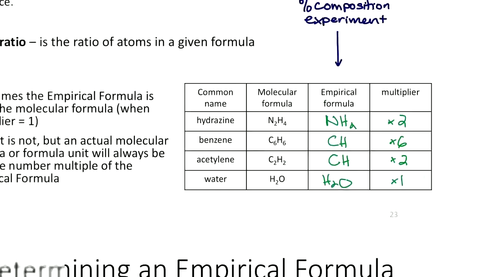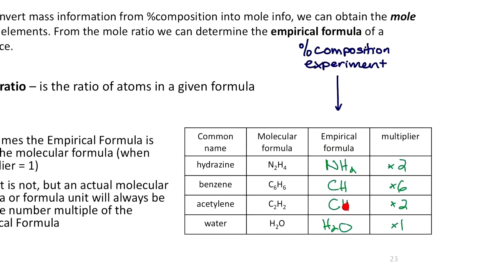That's fine. The reason empirical formulas were important before, when we talked about them in chapter 2, is because if I give you a percent composition of a substance, and I tell you what elements are present, you can actually calculate the empirical formula of any substance. But here's the thing: if I give you percent composition, you can only calculate the empirical formula. That's it.